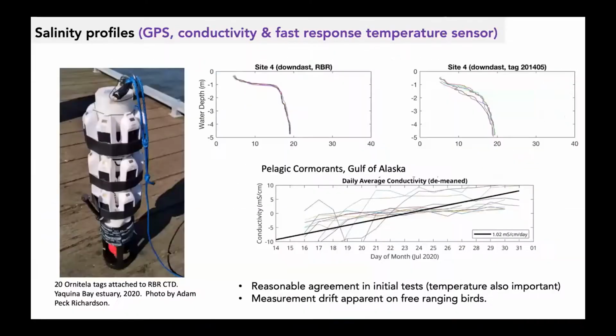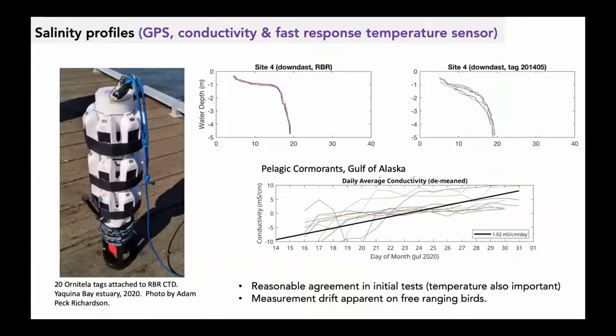The last measurement that I'll talk about is conductivity, and this one really is challenging, to develop such a small sensor to put on tags of this size. We were really excited to get very promising initial results when we paired the tags with a CTD and dropped it in the water in Oregon this summer.